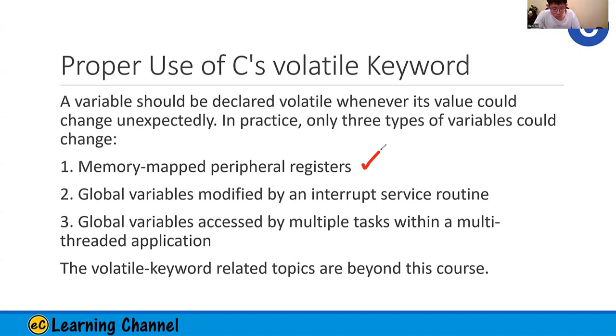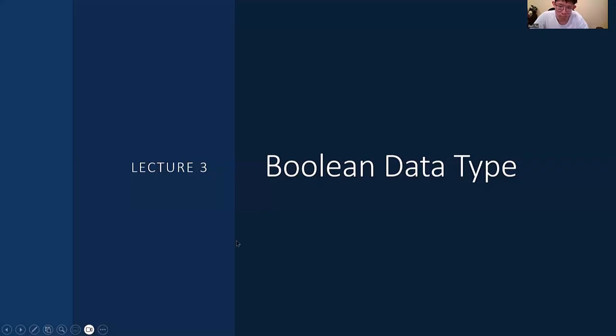And then some global variable modified by an interrupt service routine, you need it. This one also is an I/O process. When you write subsystem programs, you need it. Okay, so this is the volatile keyword, and you will learn it when you learn the so-called computer organization and assembly course. You may learn it from there.